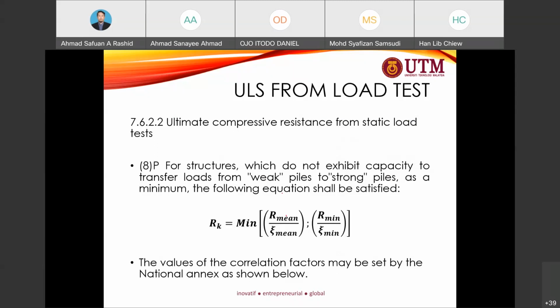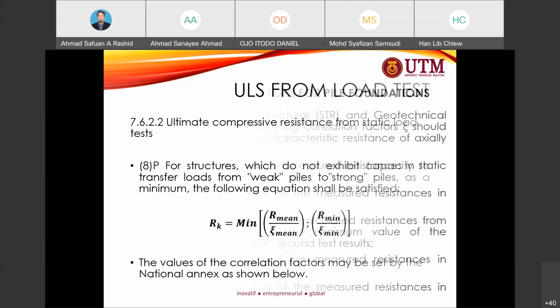Either we use the average value and then compare with the minimum value, depending on how many tests have been carried out using the load test. So this is the zeta value. In EC7, they provide a zeta value as the partial safety factor for the load test.